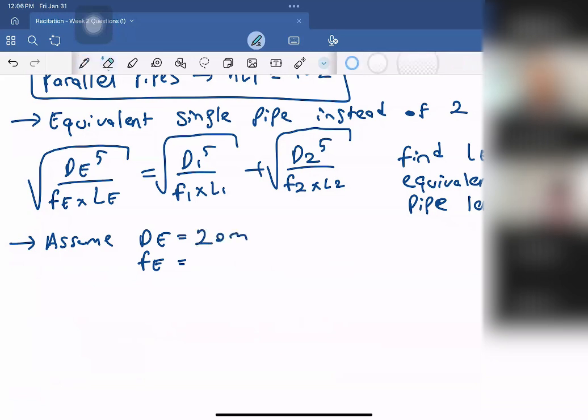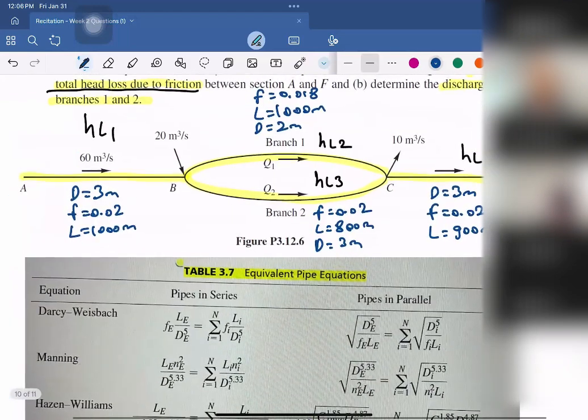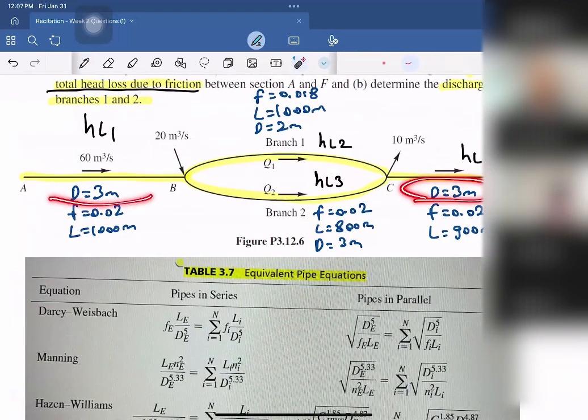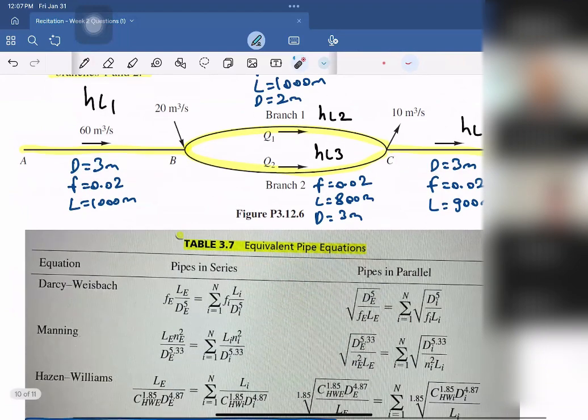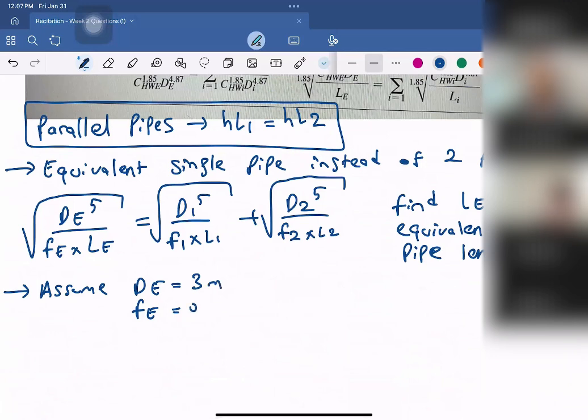You can pick something similar to the other pipes. We have other pipes at 3 meters, so we can stick to this one. For the friction factor, again, we can select 0.02 as the equivalent friction factor. This will not affect the result so much, because based on this DE and FE, we will get the length of the equivalent pipe.